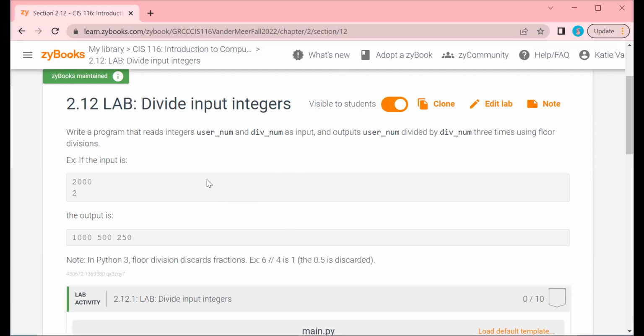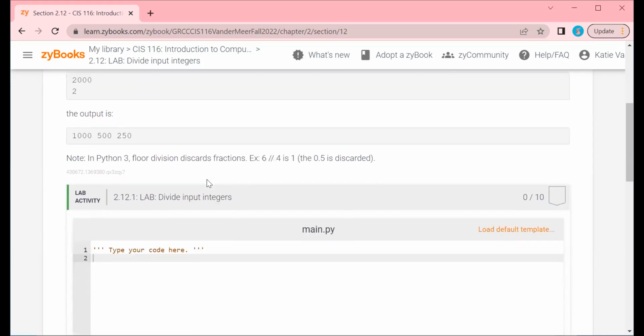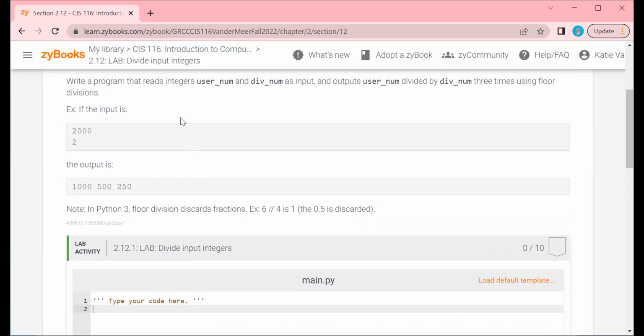So we're going to write a program that does that. It reads in a user number and a division number, and outputs the user number divided by the division number 3 times using floor division.